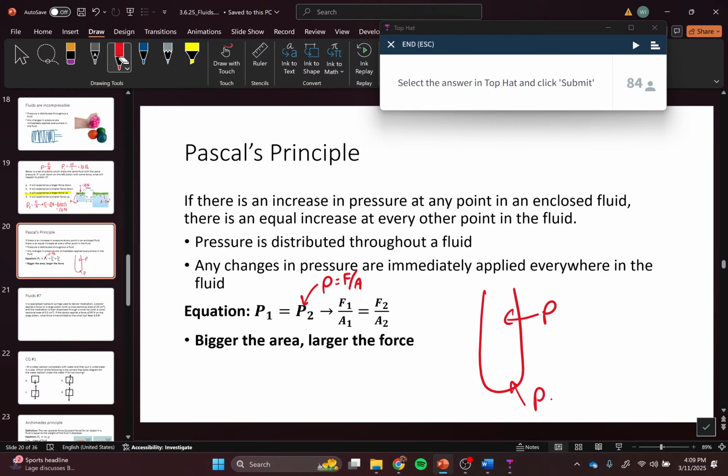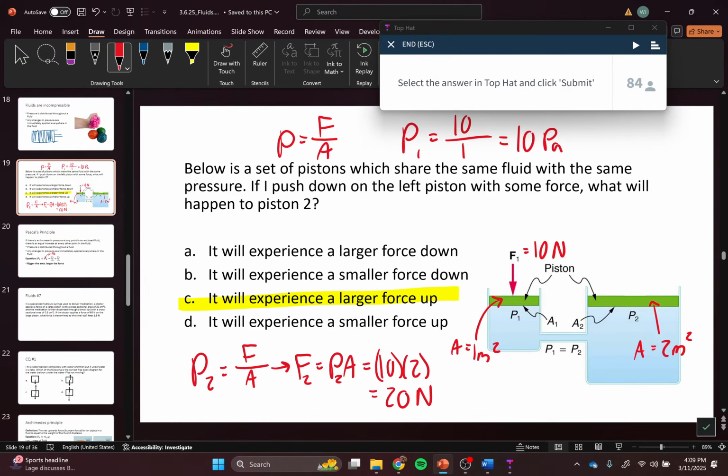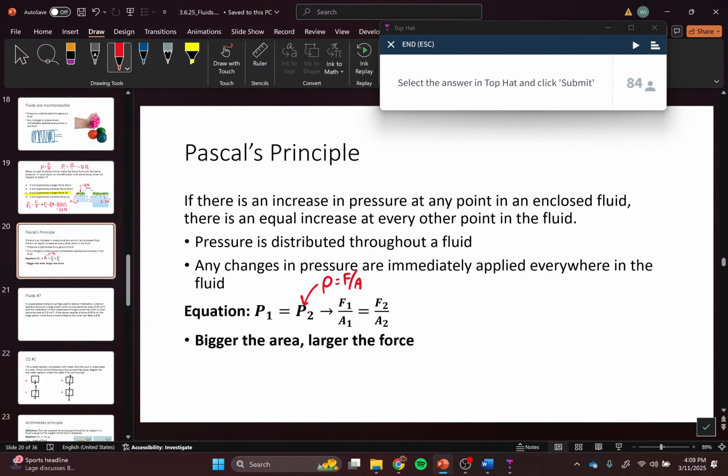So this does not say the pressure in a fluid is the same everywhere. It says the pressure increase at some point will increase the pressure everywhere else. If a pressure increases by 5, everywhere increases by 5. If the pressure increases by 10, everywhere increases by 10. In this picture, they were the same height, which is why they were the exact same pressures. That was for convenience.